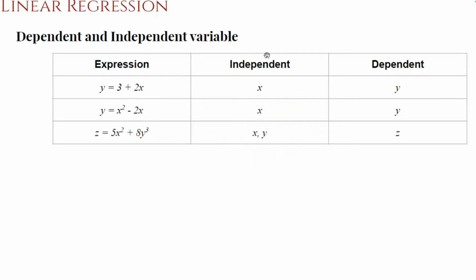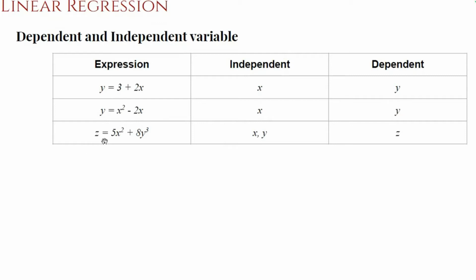In the expression y is equal to x square minus 2x, there are two terms here, but only one variable, which is x. So we only have one independent variable, and y is the dependent variable.